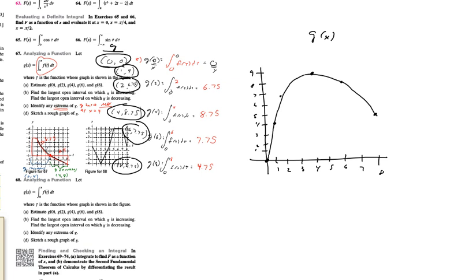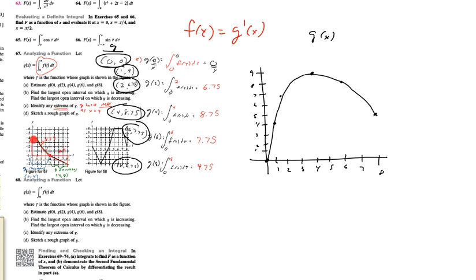This graph of G, and this graph of F. Basically, this graph of F of T is the derivative of G. This graph of F here is a derivative graph.